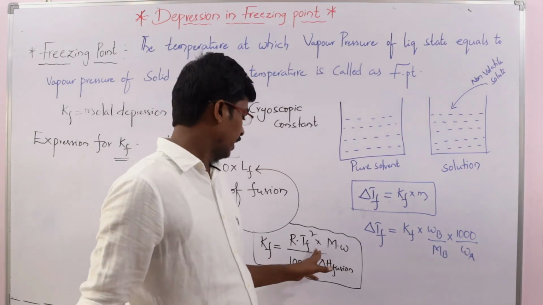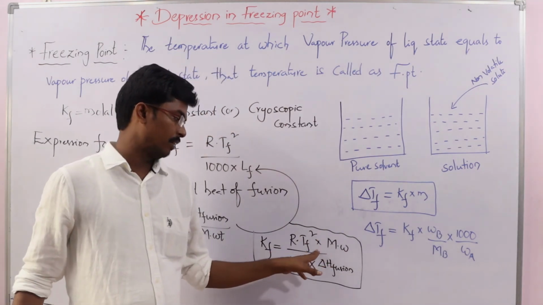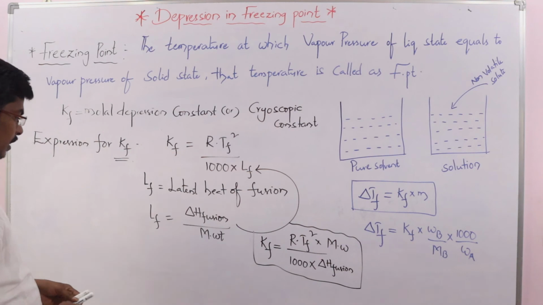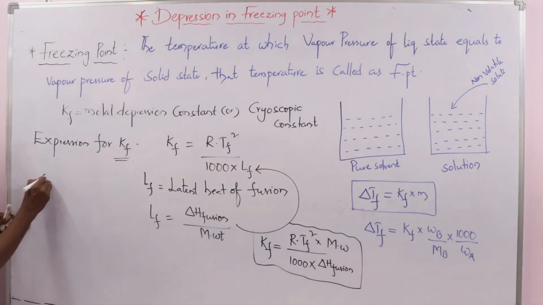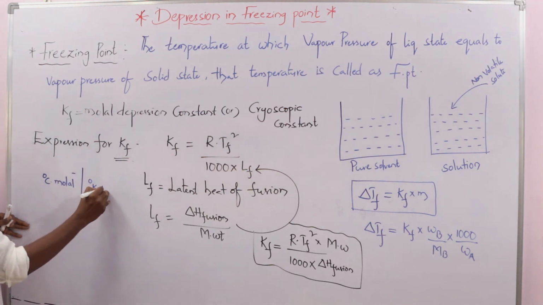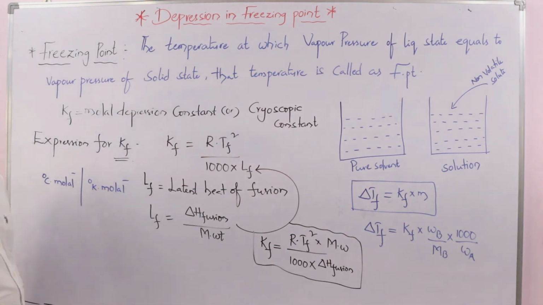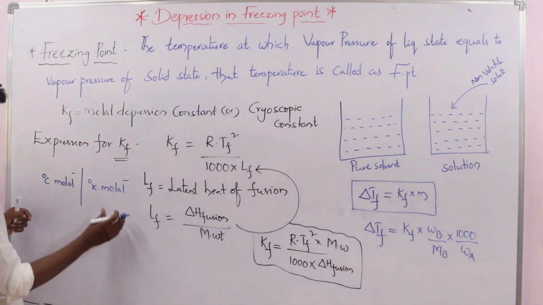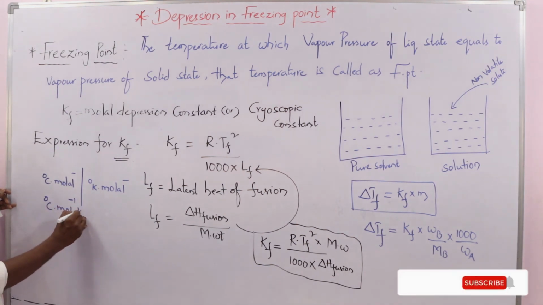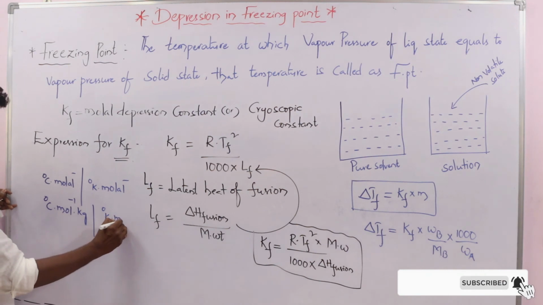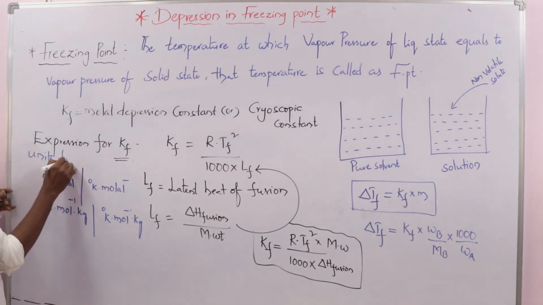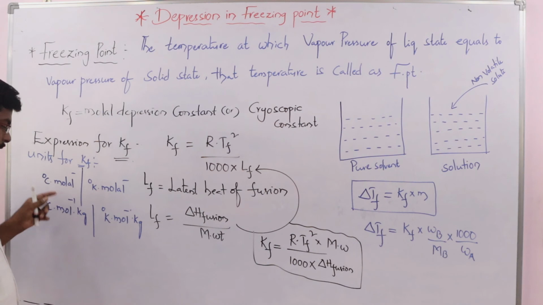The expression for Kf is also Tf² × Mw / (1000 × ΔH fusion). The units for Kb and Kf are degree centigrade molal inverse or Kelvin molal inverse, otherwise degree centigrade mole inverse kg, or Kelvin mole inverse kg.